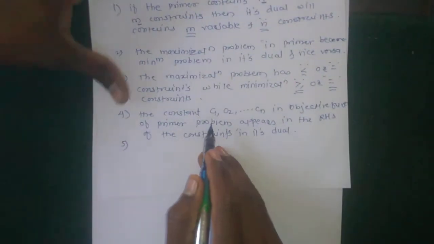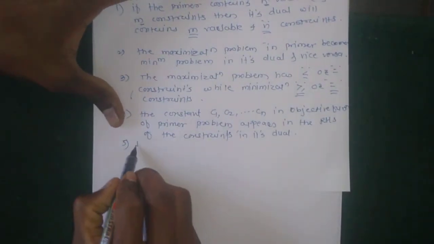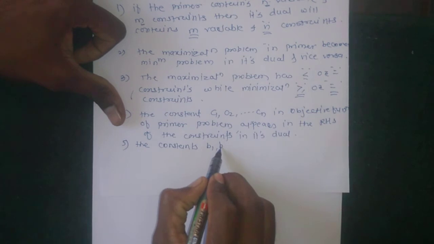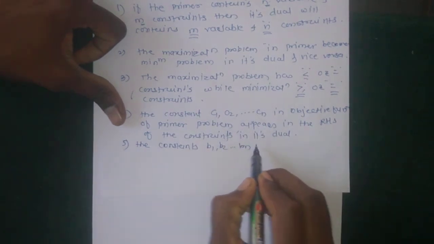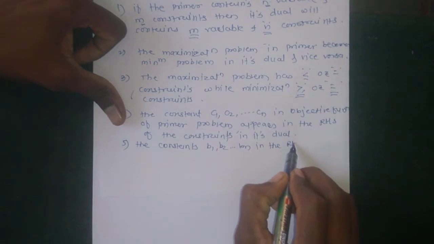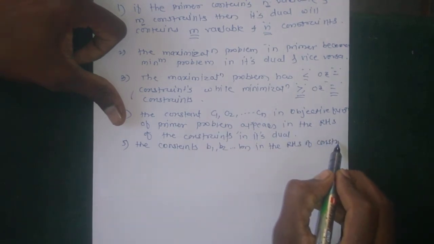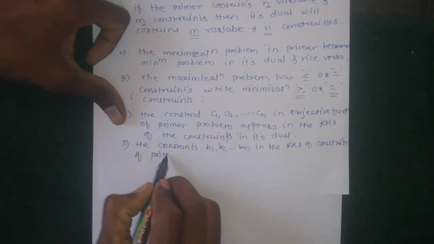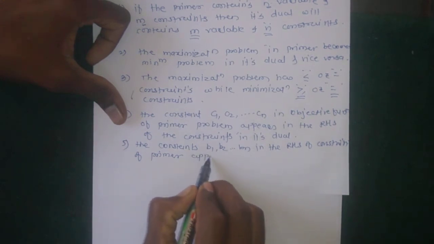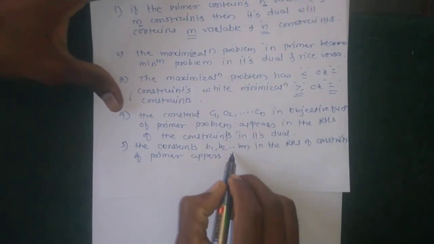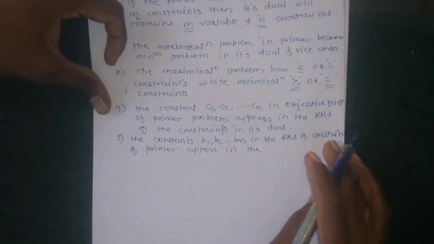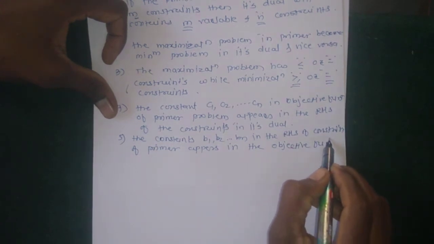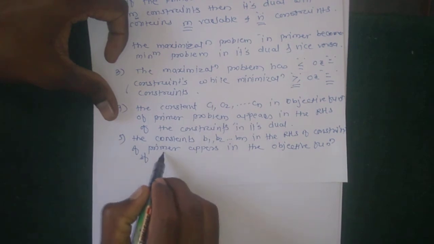Then the fifth one is the constants b1, b2 up to bn in the RHS of the constraints of the primal problem appear as the coefficients of the objective function of the dual.